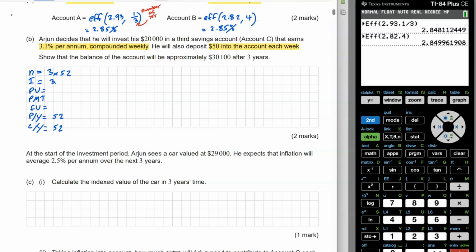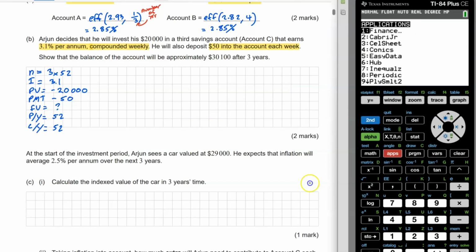The interest rate we're told is 3.1%. The PV is going to be, make sure it's a negative, $20,000 that we're putting into this account, and we're also paying $50 per week. And we want to show that the future value is approximately 30,000. So if we go apps, finance, TVM solver, we're going to have 3 times 52, 3.1%, the negative 20,000, and then the negative 50 in here.